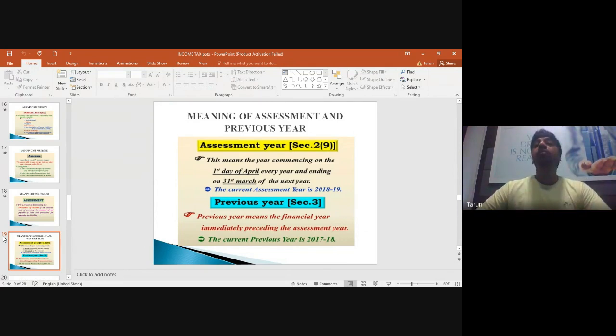So when we talk about the assessment year, the basic thing to understand is when it commences and when it ends. It means the year commencing on the first day of April every year and ending on 31st March of the next year is called the assessment year. One of the old examples I have considered is that the current assessment year is 2018-19.